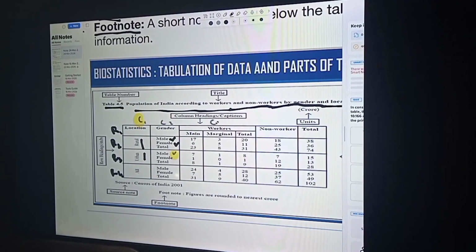This workers column is C3, and this workers column is further split into 3 columns. So the main column is C3. Then this is C4, and this is C5.